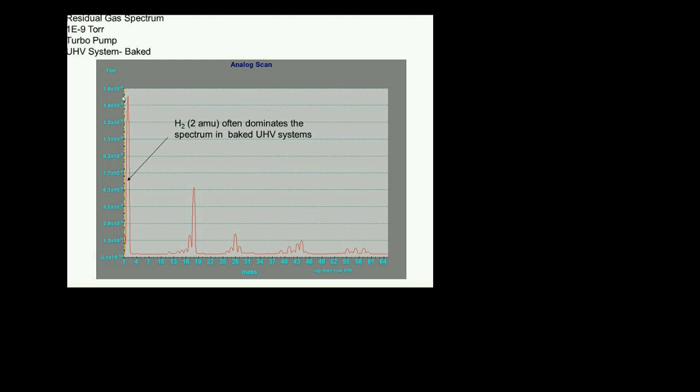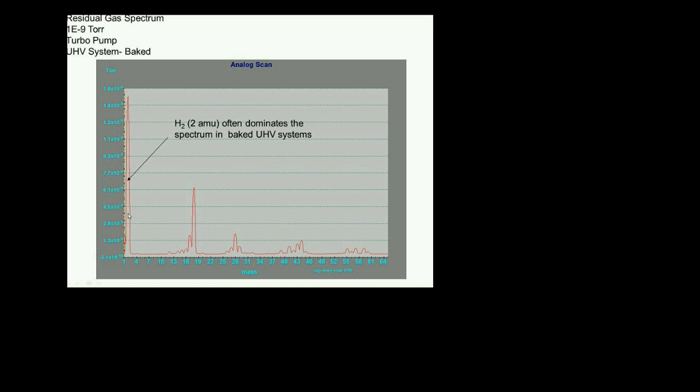The thing you have to realize is that this number that the RGA is providing is artificially inflated by the fact that it is overestimating the amount of hydrogen. So remember what I told you before: RGAs overestimate the low masses and underestimate the high masses.